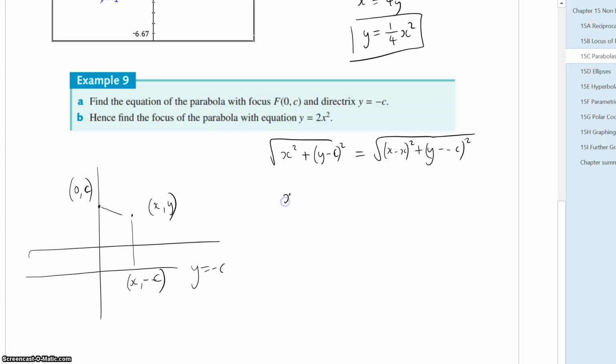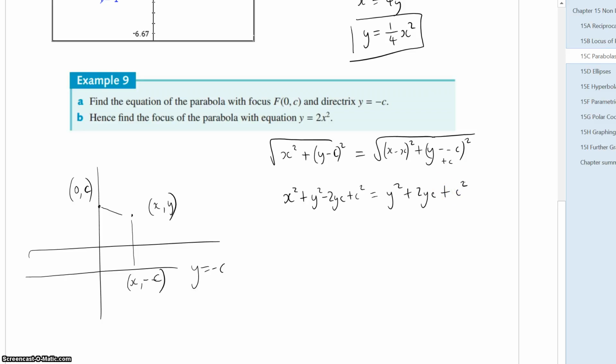So that's just going to be square both sides, so that's x squared plus y squared minus 2yc plus c squared equals 0 squared, and then y squared, that's plus c, so that'll be plus 2yc plus c squared.